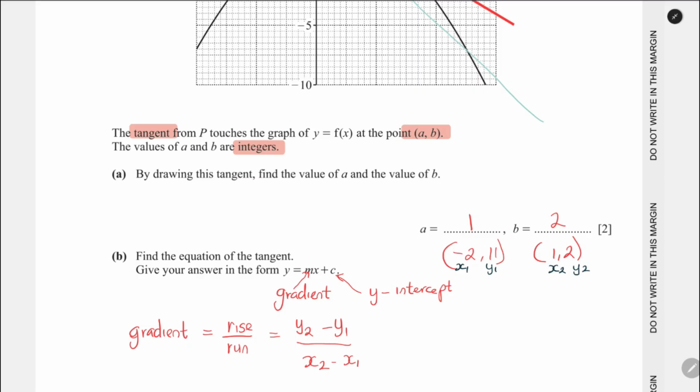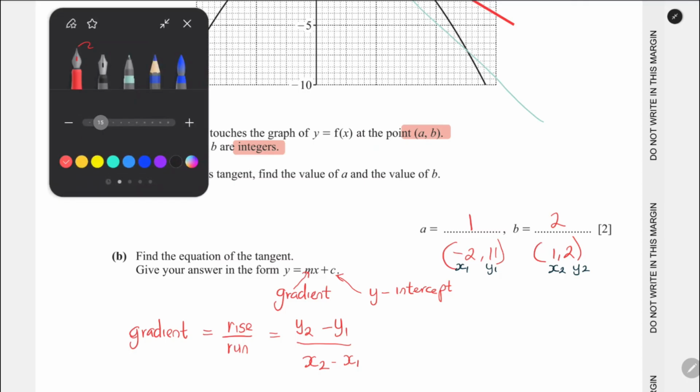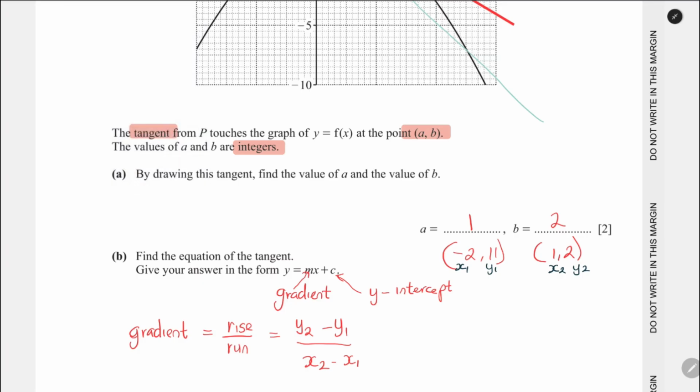Why do I label them? Because they're numbers and sometimes they look so similar. To stop myself from mixing up the numbers, I label them. I'll advise you do the same. Our y2 is 2. Our y1 is 11. So it's 2 minus 11 over x2, which is 1, minus x1, which is minus 2.